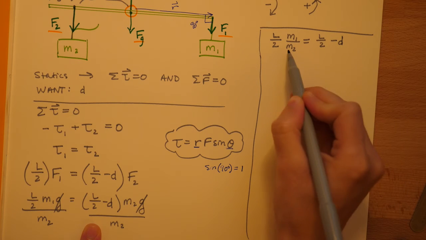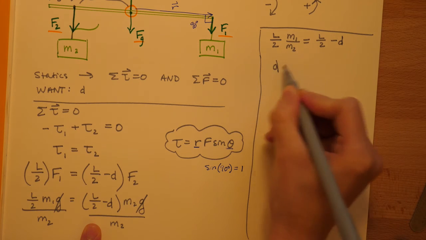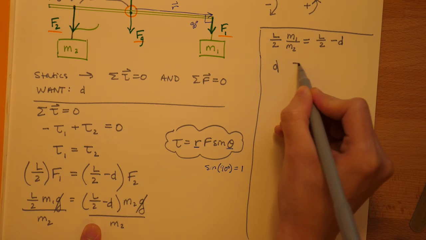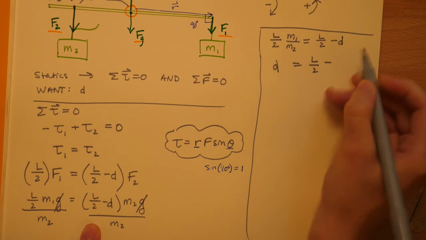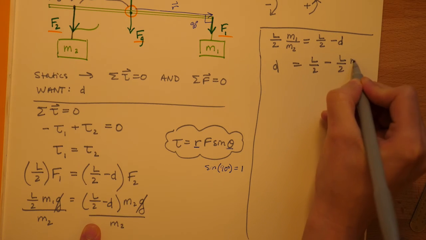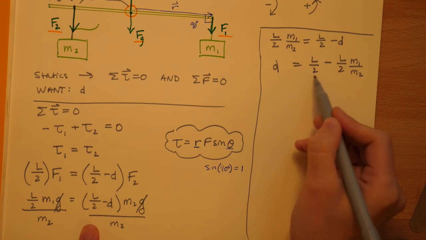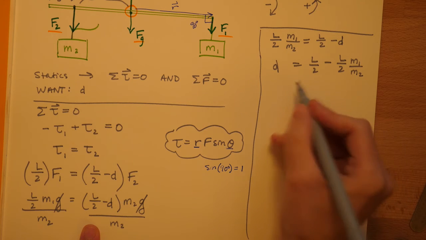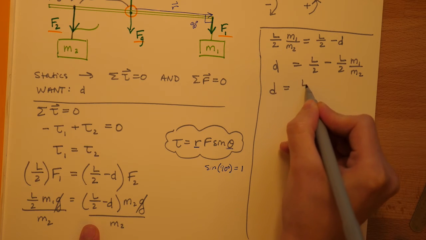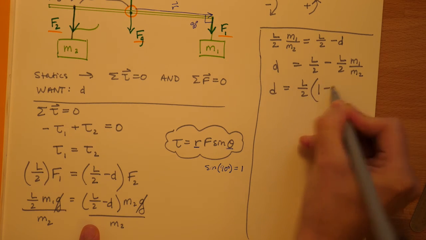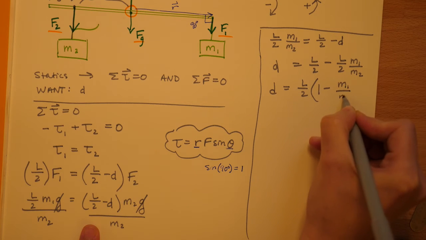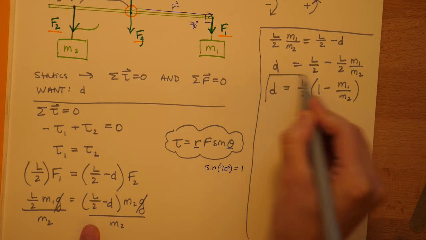So I'm going to move d over to this side, so I'll have plus d, and I'll move this over to the other side. So we'll still have our L over 2, and then we'll be subtracting L over 2 m1 over m2. So now, just for fun, I'm going to pull L over 2 out of this. So we have d is L over 2 times 1 minus m1 over m2. So that's our final equation.